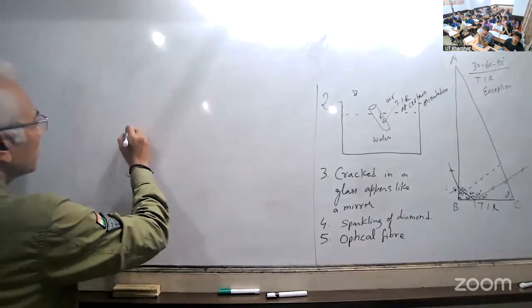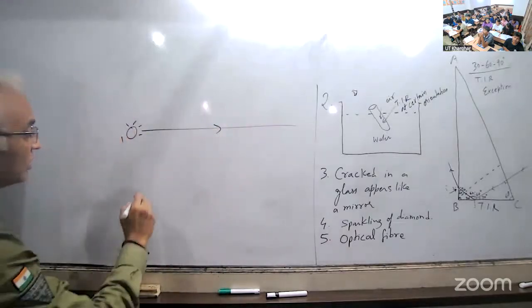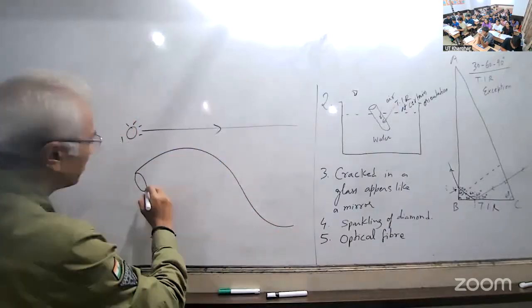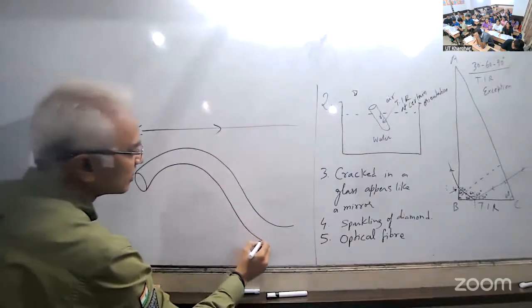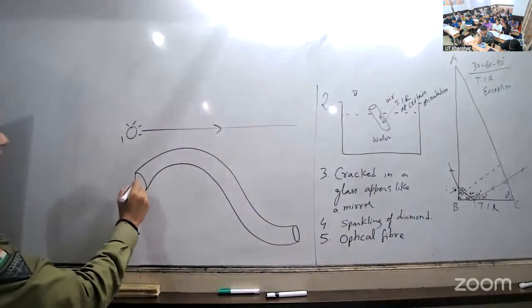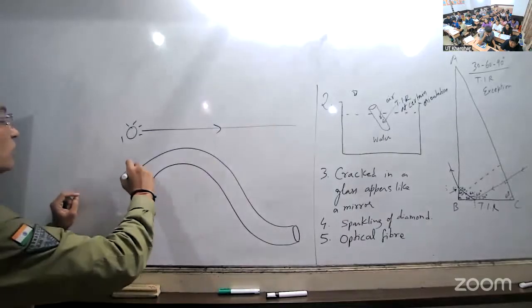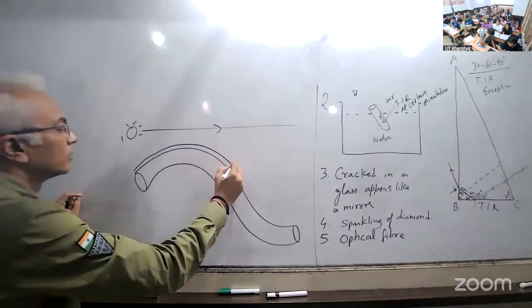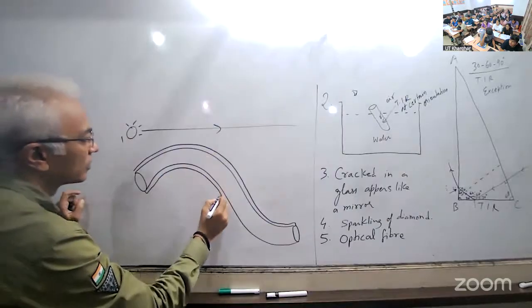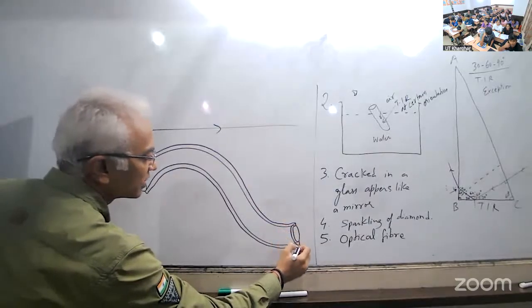So what happens is, if there is a light source, generally light will travel in a straight line, right? But imagine there is an optical fiber which is shaped like this. This optical fiber has a glass fiber, transparent, and there is an outside coating. If you see the cross section, it is like this.